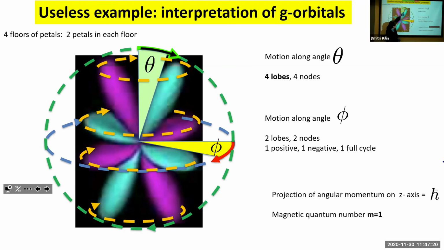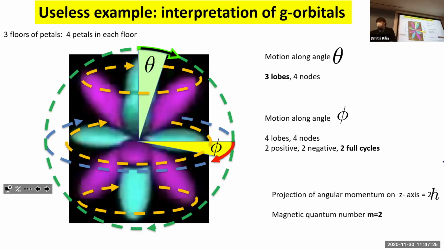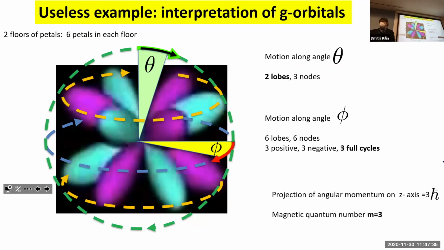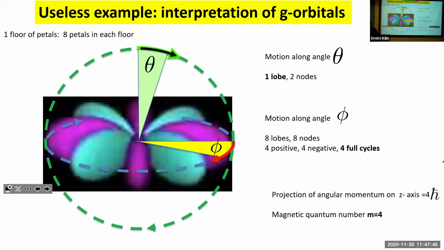And the number of nodal points along theta will be less. And if one progresses forward, one can identify in which direction it moves more vividly. So the larger the number of these lobes and nodes, the more rotation. This example shows no rotation along theta, and all motion goes along phi. So several full cycles.